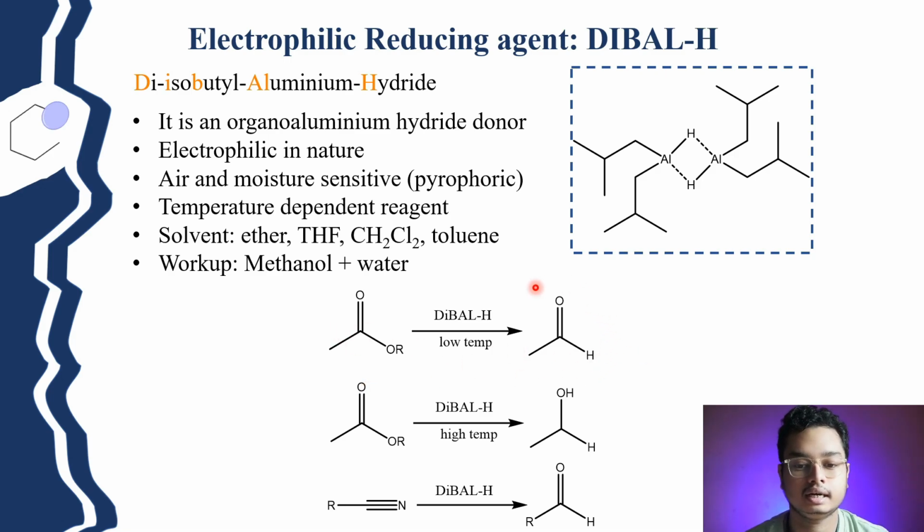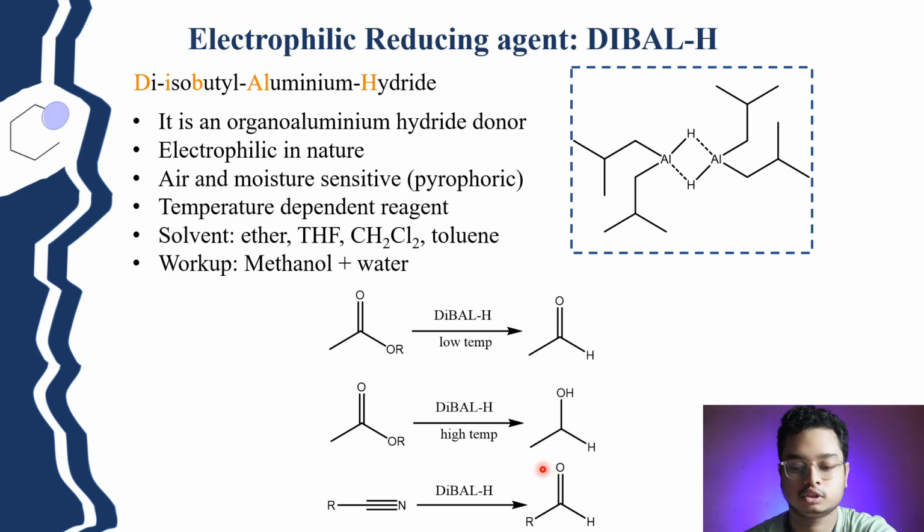So it is an aldehyde generator. But at higher temperature, the ester is reduced to the alcohol; it does not stop at the aldehyde. And not only ester, it will also reduce the cyanide group to its corresponding aldehyde.